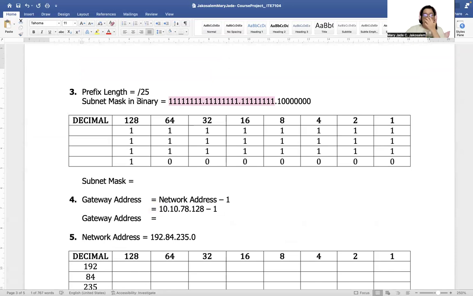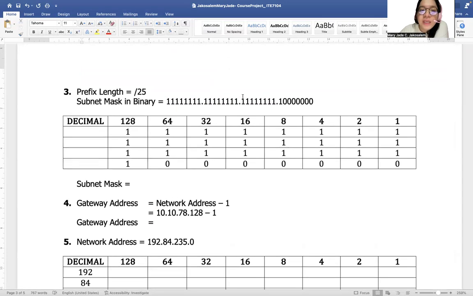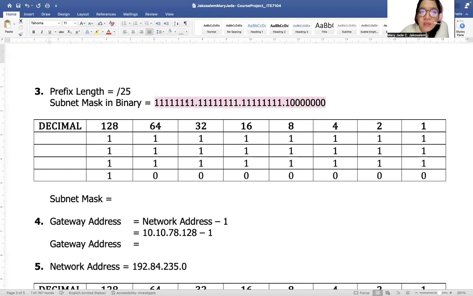Hence our subnet mask in binary is 11111111.11111111.11111111.10000000. If you could see here, we have 25 ones, based on our prefix length. To get the subnet mask, we now have to convert the binary form into decimal form.